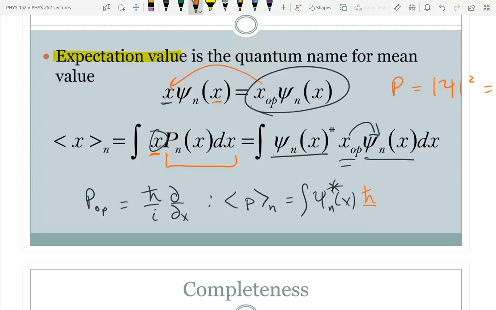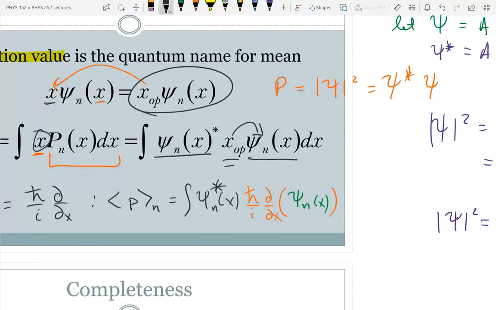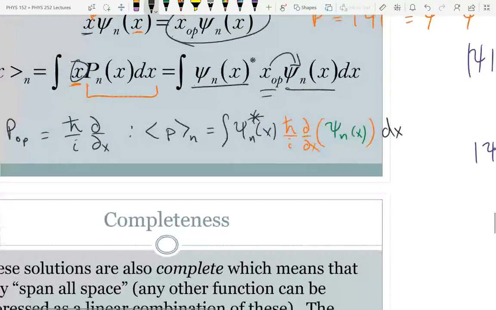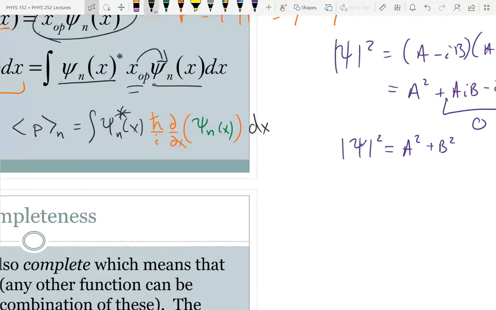Then comes the operator, and the operator is going to act on psi, and then I finish up with dx.